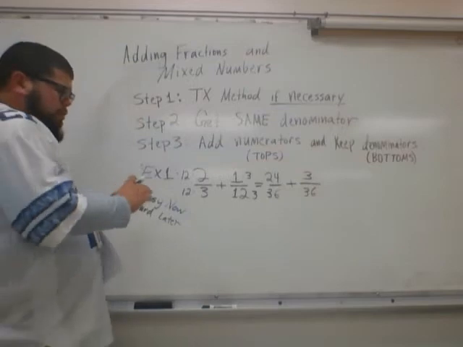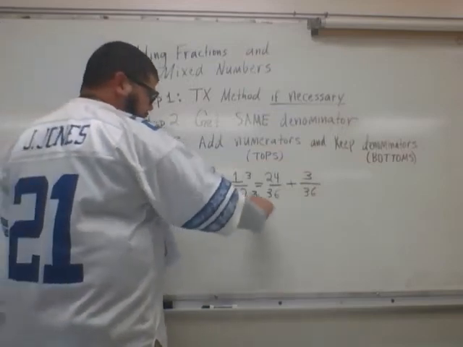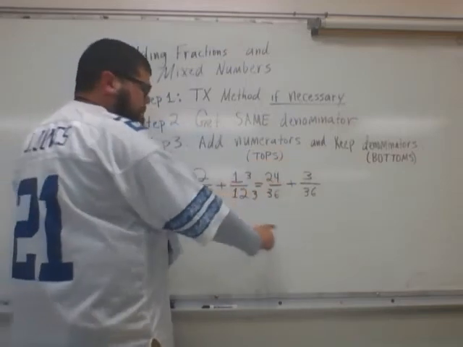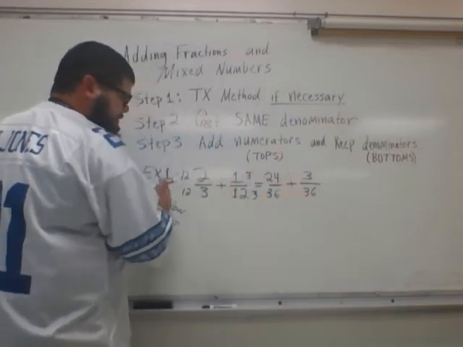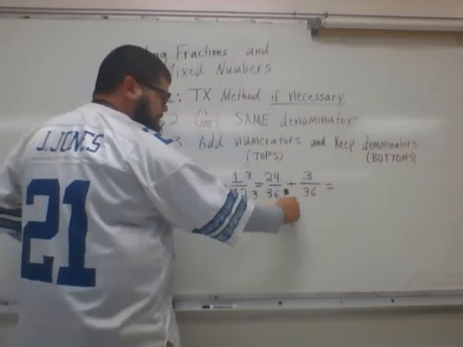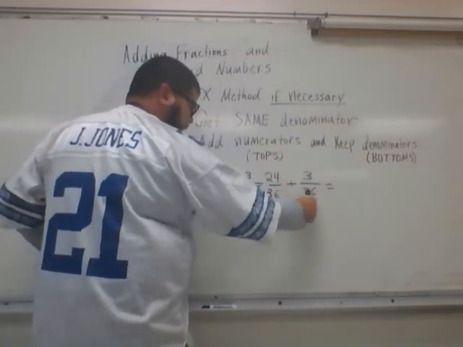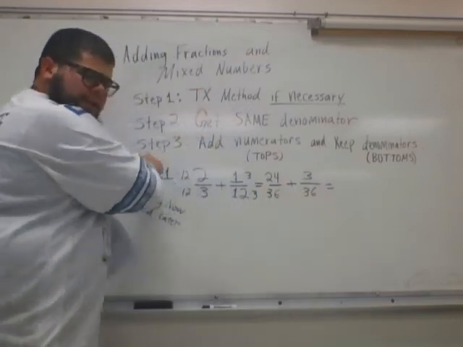Now, I created an equivalent fraction. That's how we get the same denominator. 2 over 3 became 24 over 36. 1 over 12 became 3 over 36. Now you can completely ignore this side, and now you're just working with this side. You have the same denominators, right? That's what our question was at the beginning. We have to have the same denominators. When we have the same denominator, then we go to step 3.